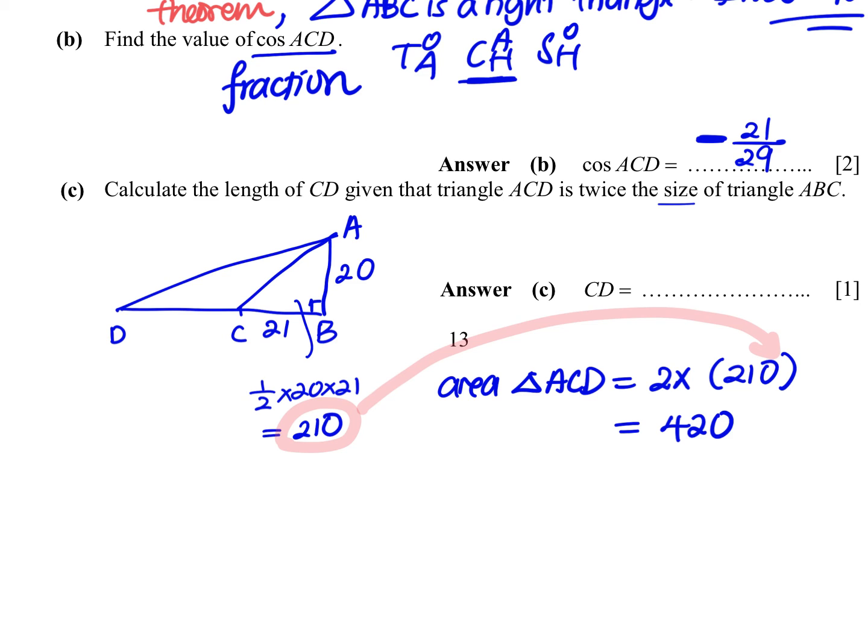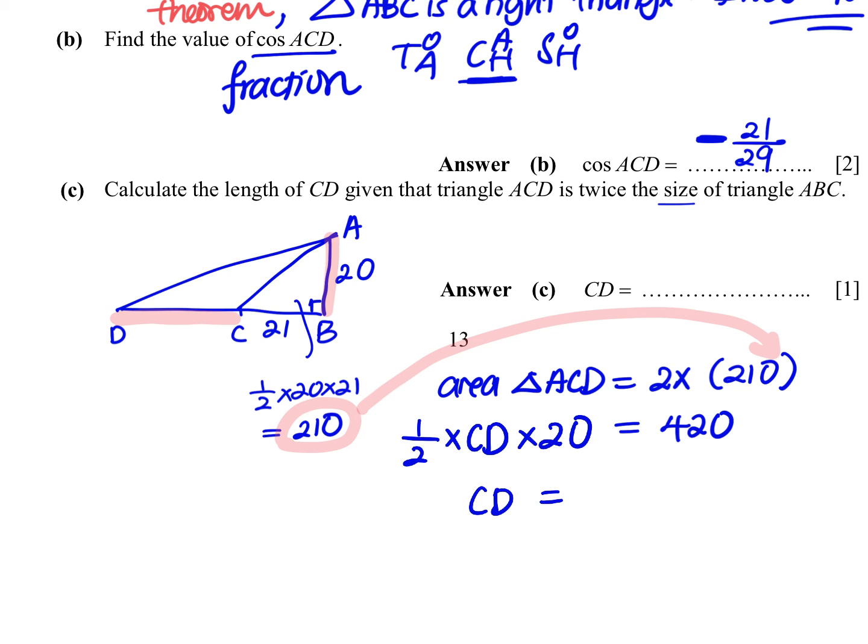I need CD because they want me to find it, right? So this is my base. Where is the perpendicular height? Yes, the 20. So this one will be half times the base, which is the CD I want to find, times the height, 20. So, yes, you're correct.